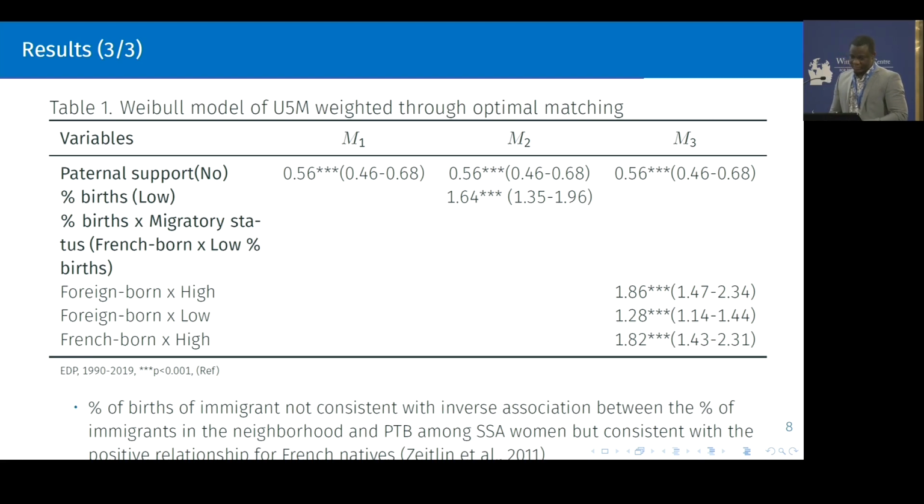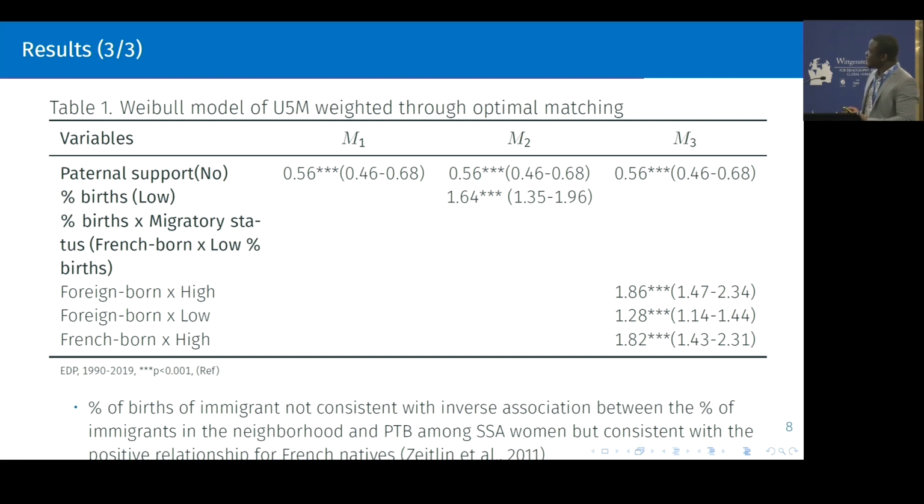The second, when we look at the percentage birth of immigrants, we can note that living in a municipality with a high percentage of immigrant births increases under-5 mortality.